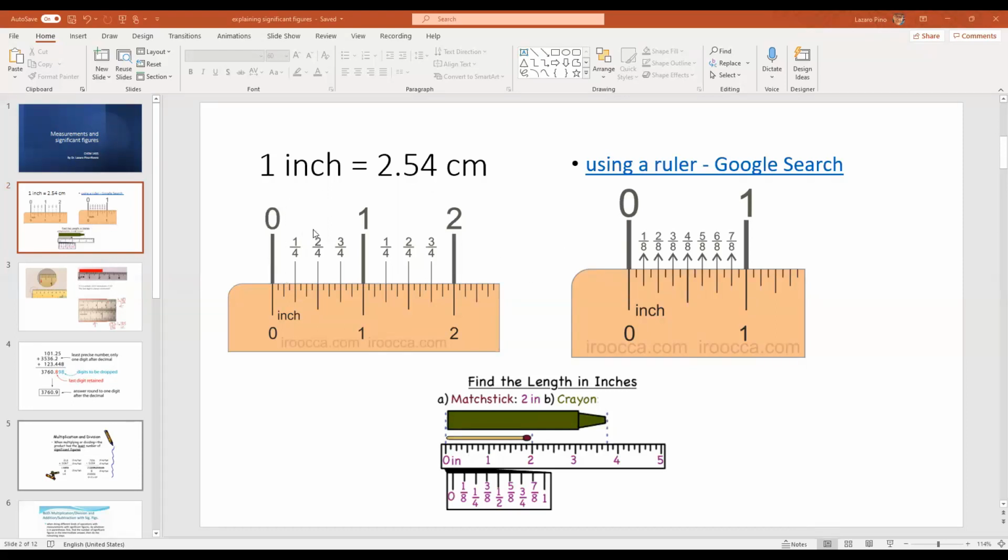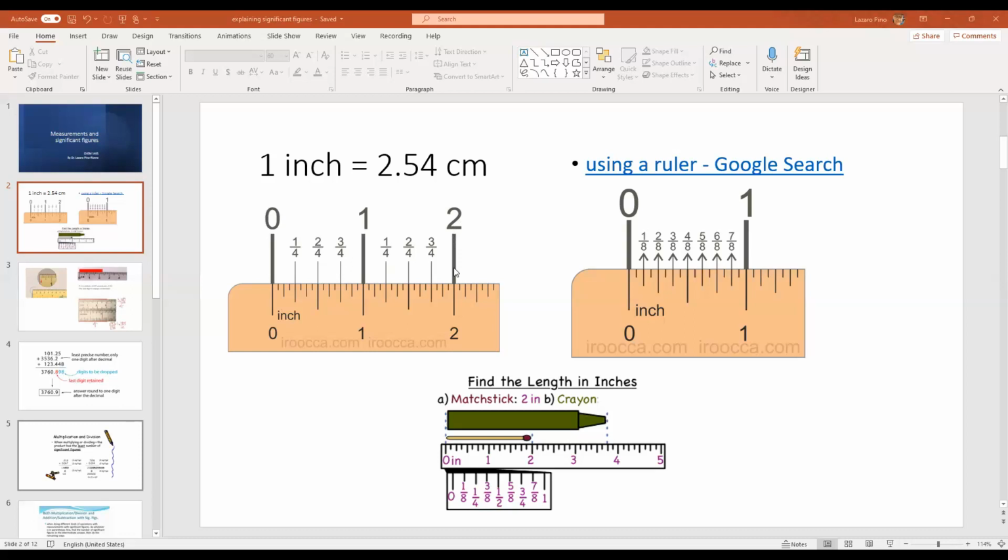In the first graph here, you can see that this ruler is in inches. From here you go from 0 to 1 and you have 1 inch, 2 inches.